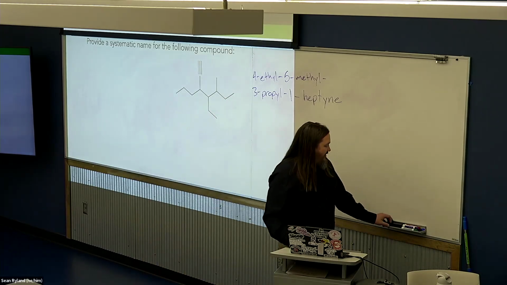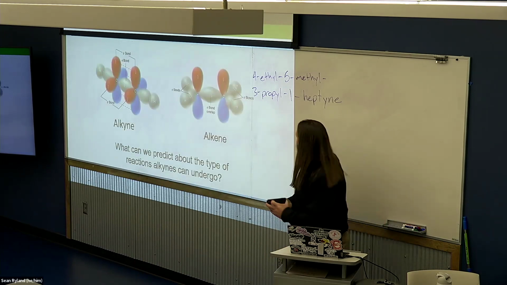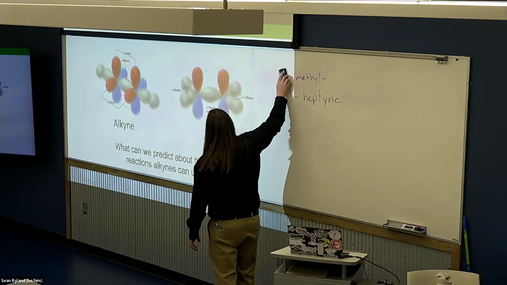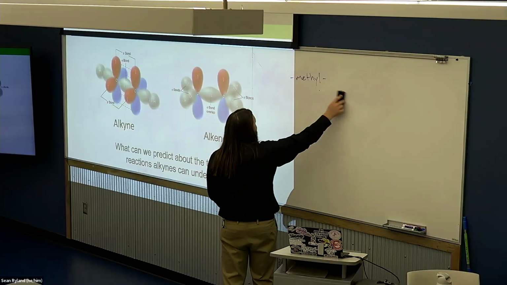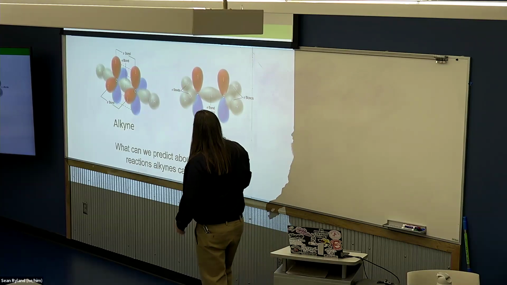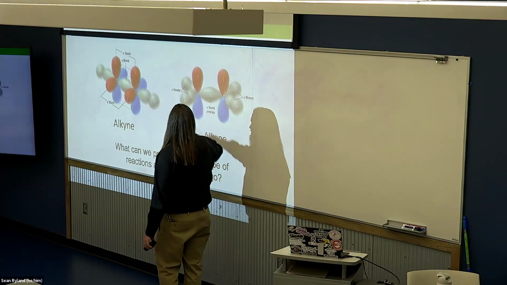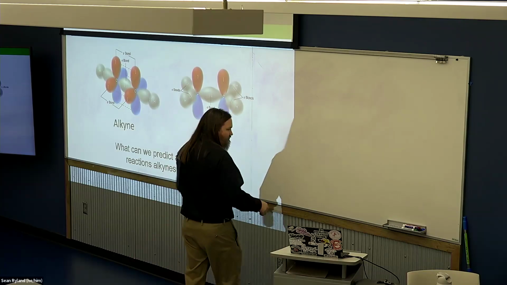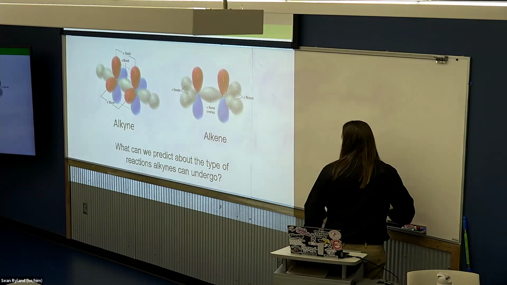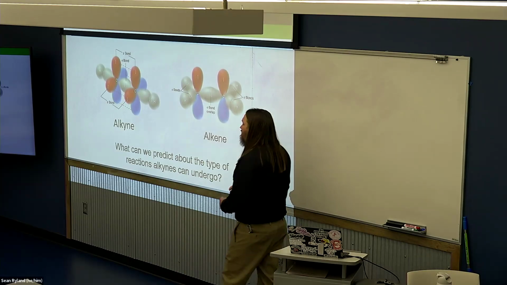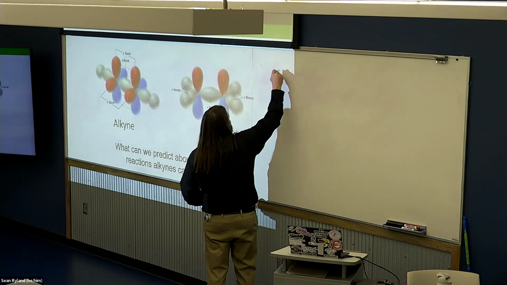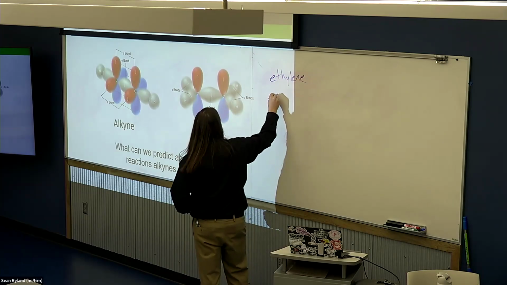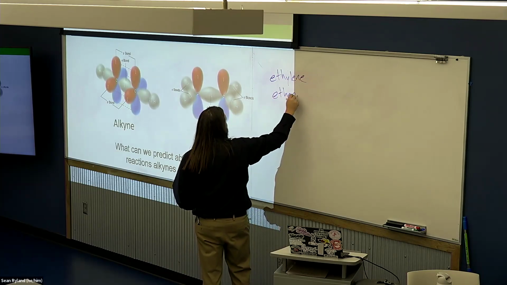When we look at what this alkyne group looks like, we can compare it to an alkene. So this is the simplest alkene, ethylene, ethene. Remember, ethylene is the common name for what we would name as ethene. So if you see this, it means the same as ethene.